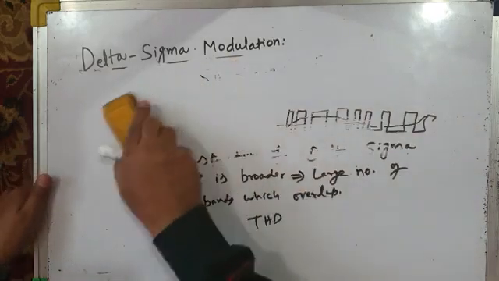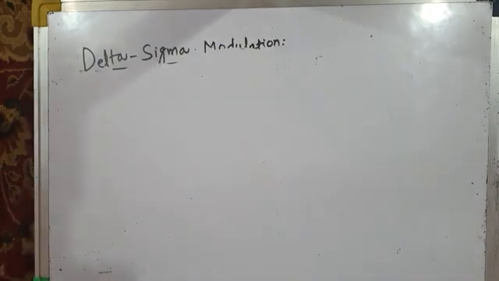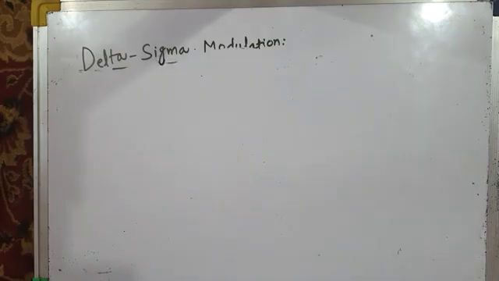However, delta sigma modulation is very popular in matrix converters, on which I hope Dr. Tabish may deliver one or two lectures to you in the modern power electronics course. It is popular there because in matrix converters, we cannot use sine triangle modulation.